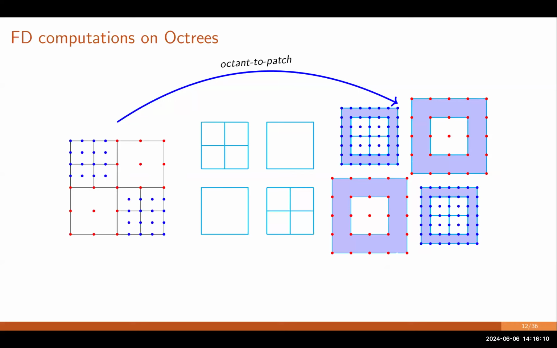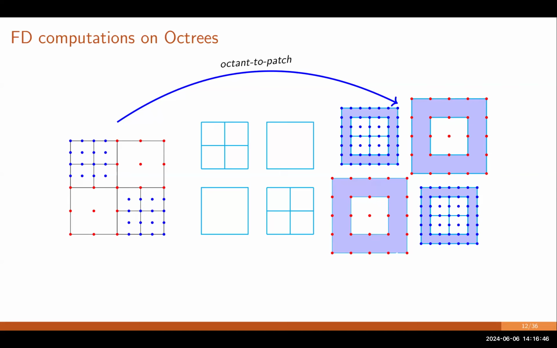As I mentioned, we use finite differencing to evaluate the spatial derivatives. So how do we do that in the octree grids? This is our octree representation of our underlying fields, where I have placed the grid points. In order to evaluate the derivatives, we need to go from this octree representation to this patch representation, where we have done the padding correctly.